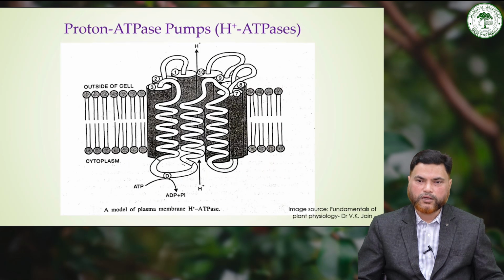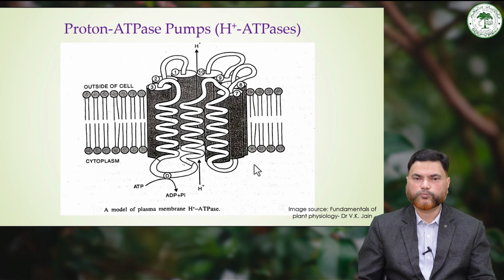So, in this figure, the enzyme protein consists of a single polypeptide chain featuring 10 hydrophobic transmembrane segments or domains. You see they are named 1, 2, 3, 4, 5, 6, 7, 8, 9, 10.